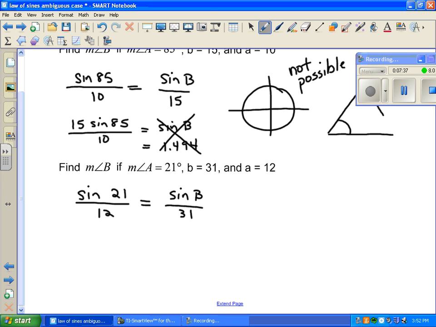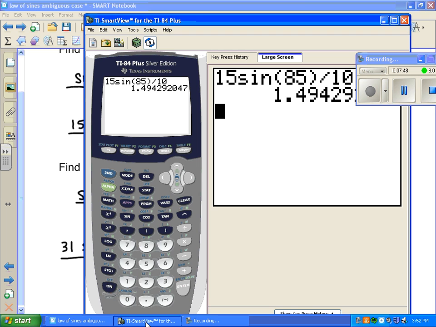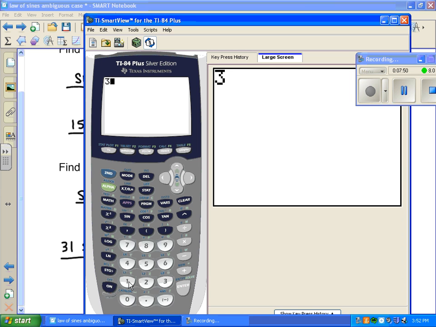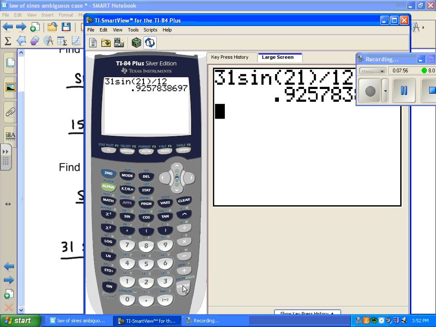If I cross multiply, 31 times the sine of 21 divided by 12 equals the sine of B. Sine of 21 divided by 12. I get 0.926.